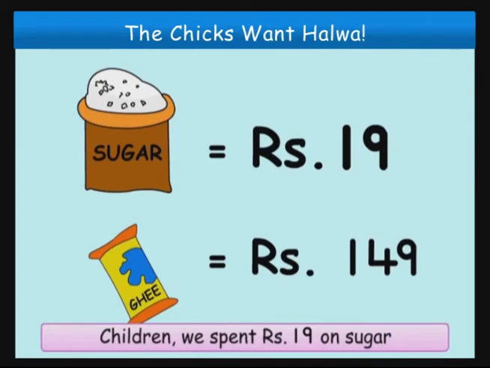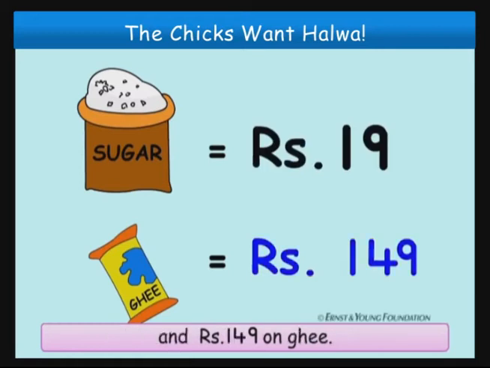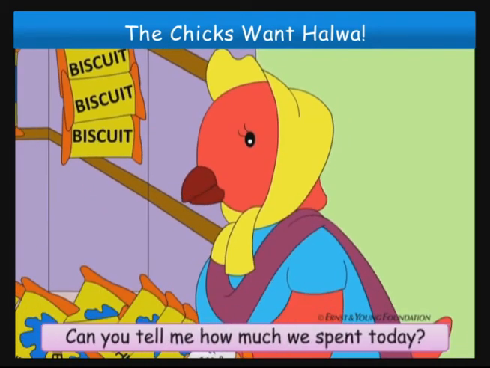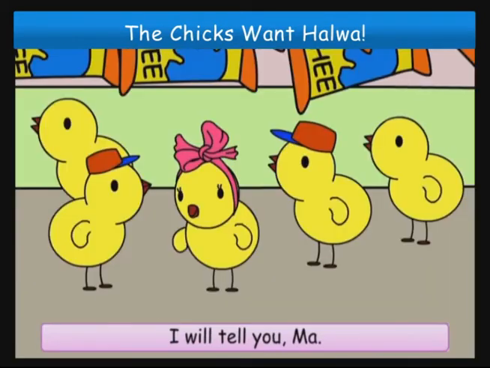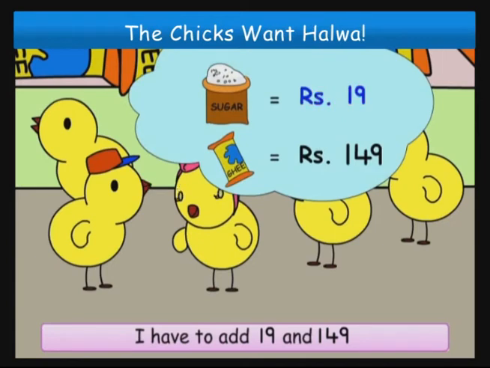Children, we spent 19 rupees on sugar and 149 rupees on ghee. Can you tell me how much we spent today? I will tell you, Ma. I have to add 19 and 149.